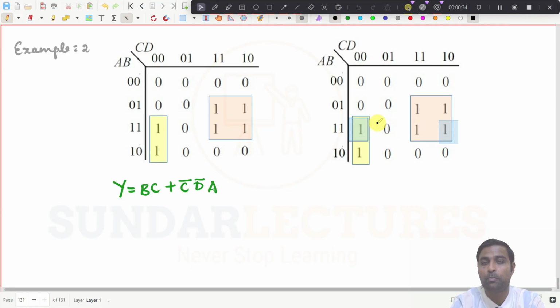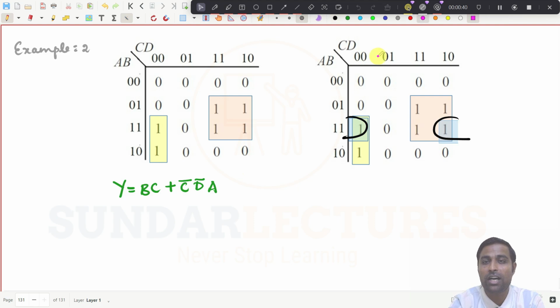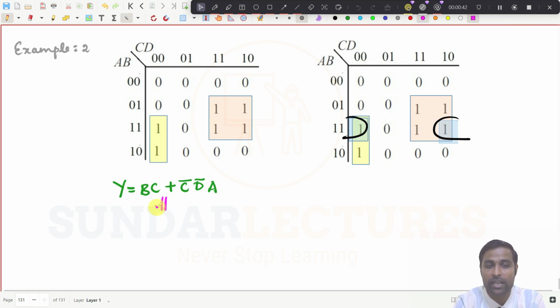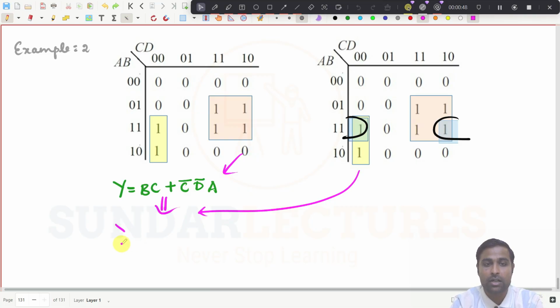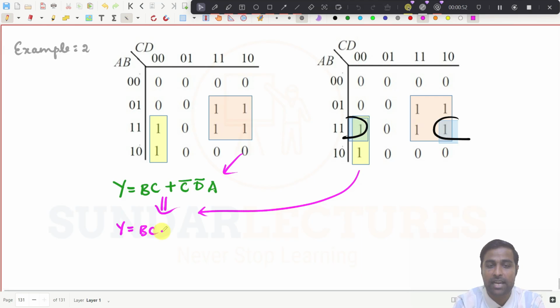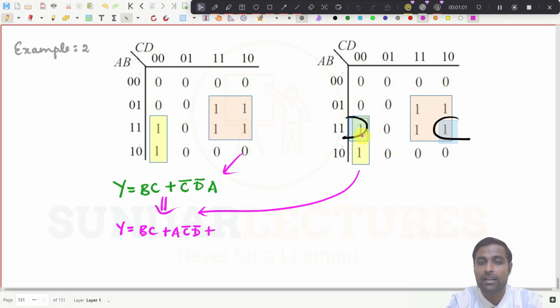By making this into pair. So that is what I have done here. This pair has to be taken into account. So the output expression now has to become from here, and I am just writing from here. So y will be now is equal to this BC is already there, and then this A C bar D bar is already there, and put extra one pair, that is this one.